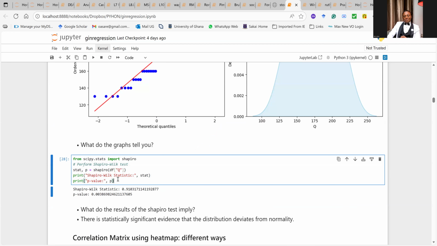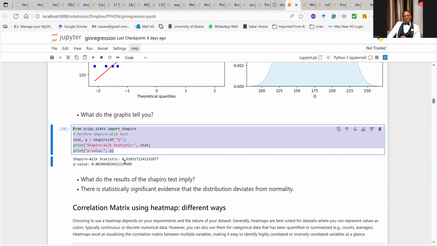You use the Shapiro to check whether it's normal or it's not normal. All the above are great, but you have to prove that statistically. So run this. And after running it, the Shapiro will give you a value of 0.91.